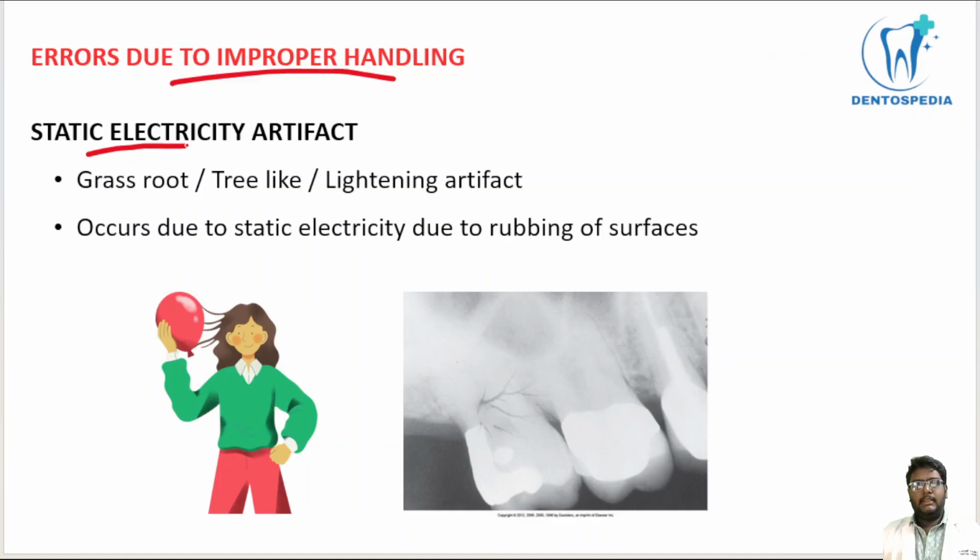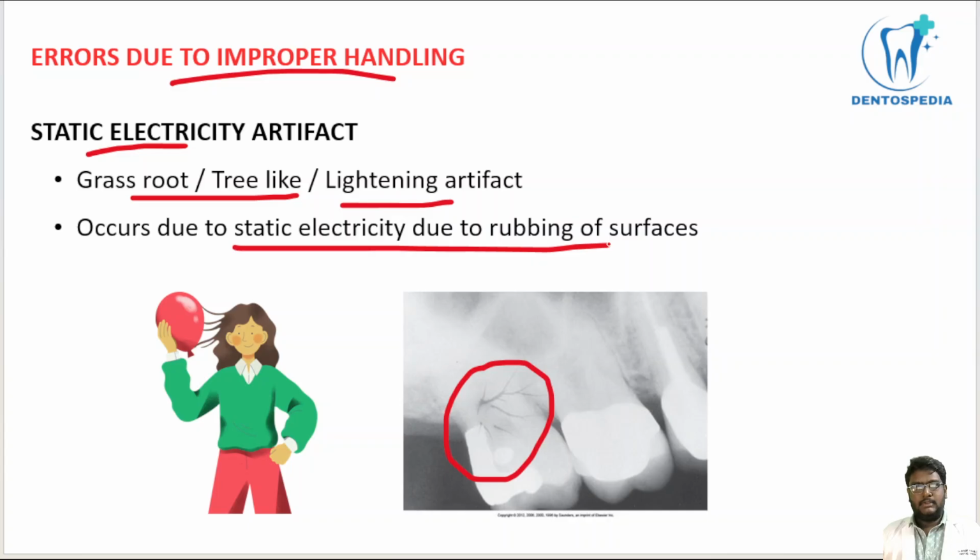And that static electricity results in artifacts like a grassroot appearance, or tree-like appearance, or lightning effect. So this artifact is also called grassroot artifact, tree-like artifact, or lightning artifact. It mainly occurs due to static electricity from rubbing of surfaces.